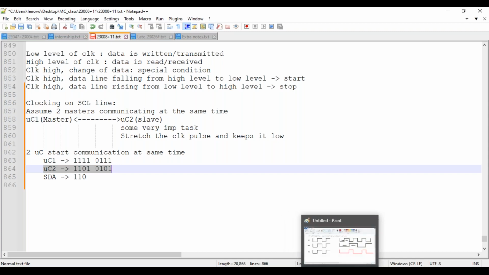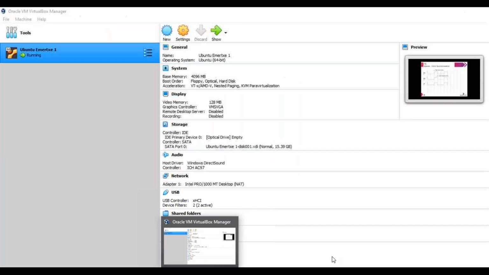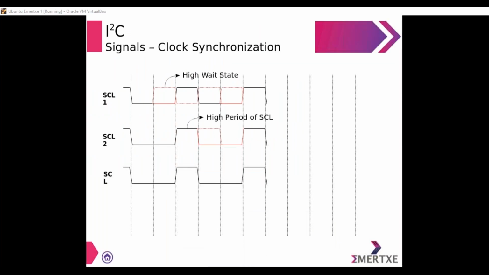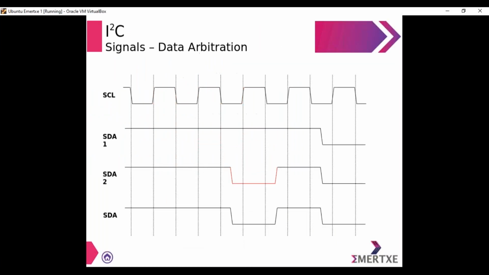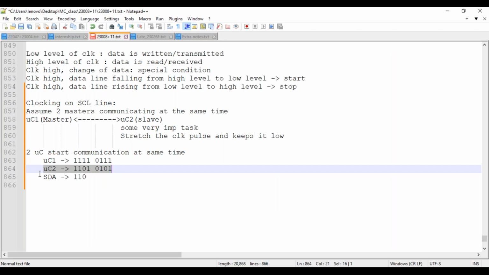So that is data arbitration, representing which microcontroller is going to win the bus when two microcontrollers start to communicate at the same time. Whichever has the lower data to be transmitted is going to win the bus. So in our case, between the two, microcontroller 2 had the lower data to be transmitted.